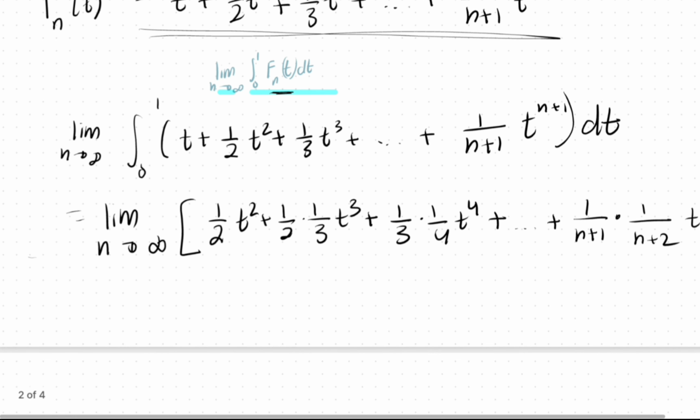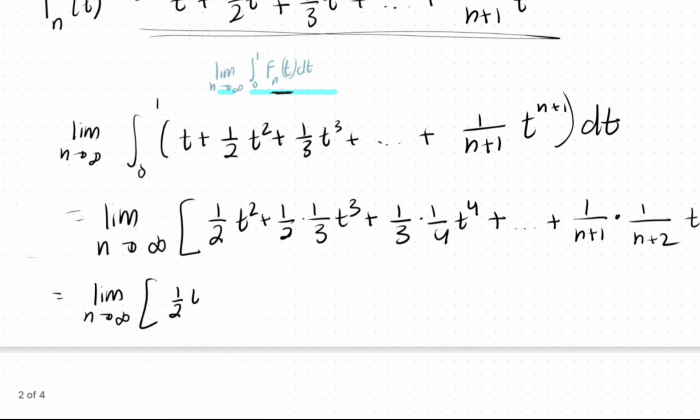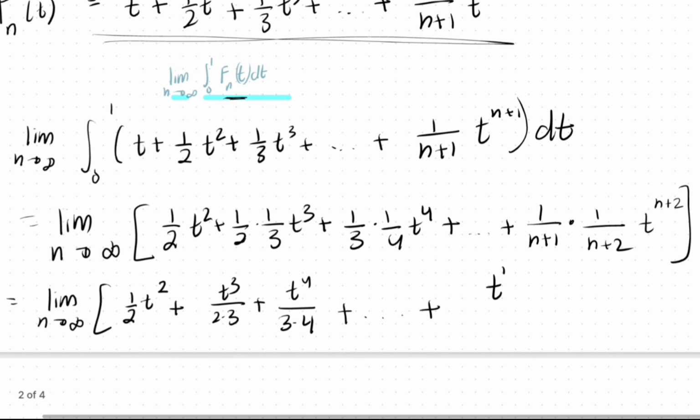And I'm just going to put this in a more neat manner. What I'm saying is that 1/2 t squared plus t cubed over 2 times 3 plus t to the power 4 over 3 times 4 plus dot dot dot t to the power n plus 2 over (n plus 1) times (n plus 2).